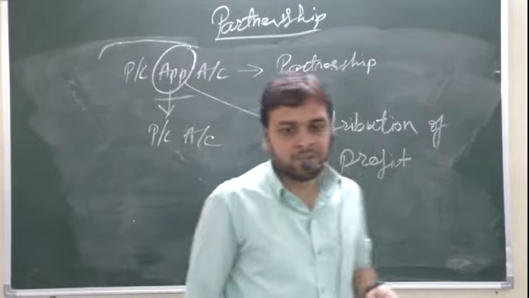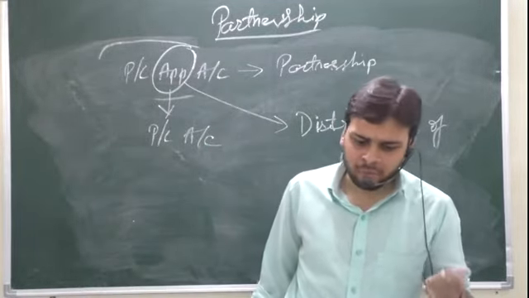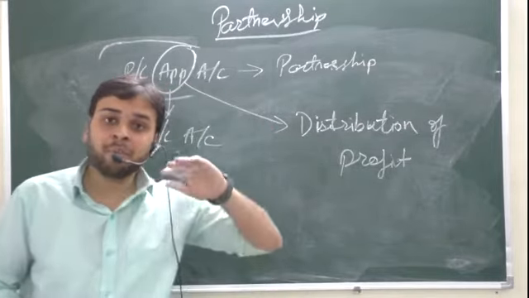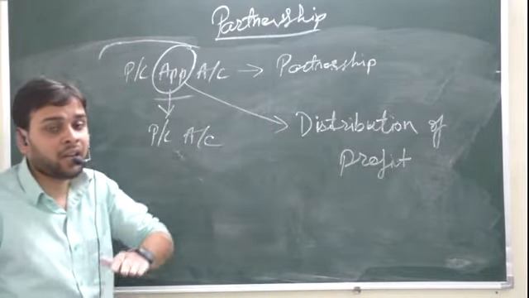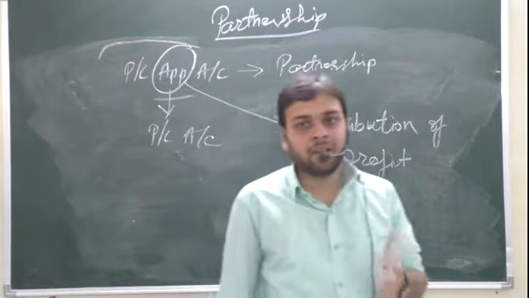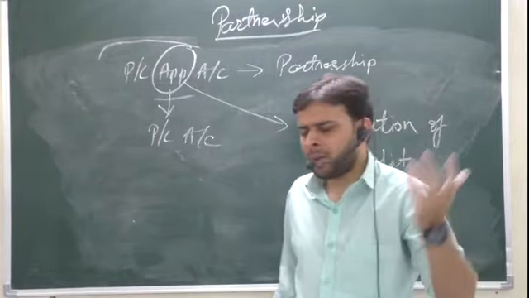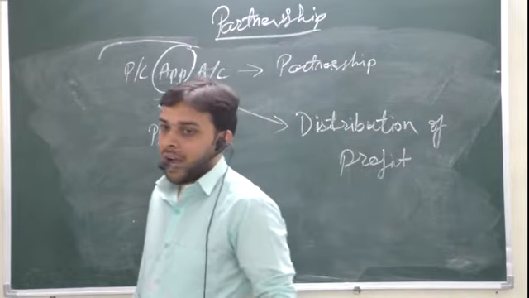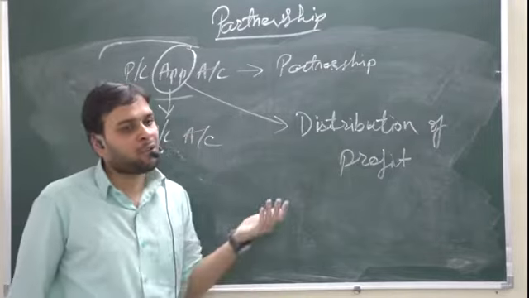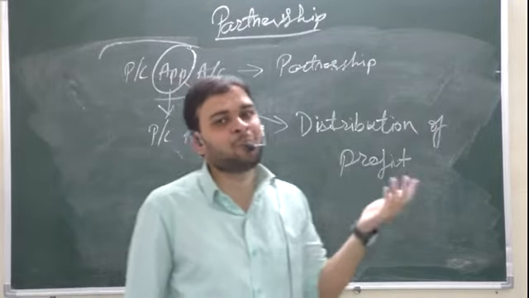The question arises, what is distribution of profit? Distribution of profit means distribution of profit amongst the partners in various manner. What type of various manner? If a partner has devoted full time to the firm, he will get a salary from the firm.